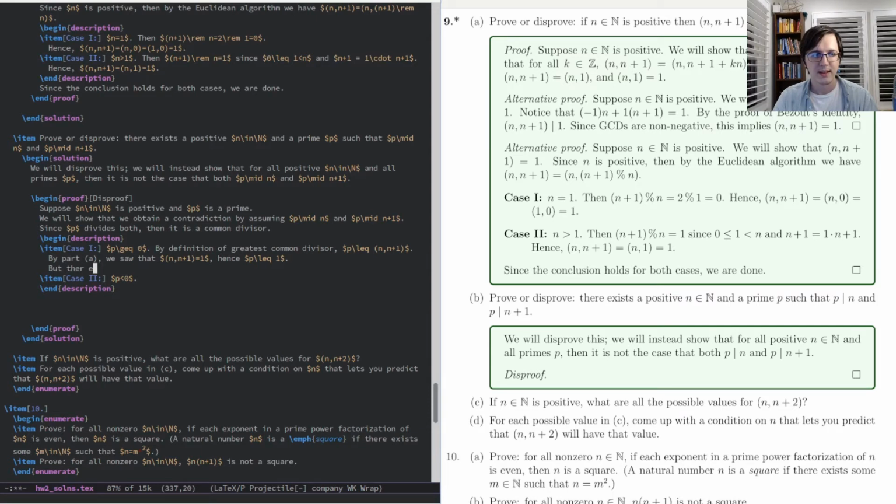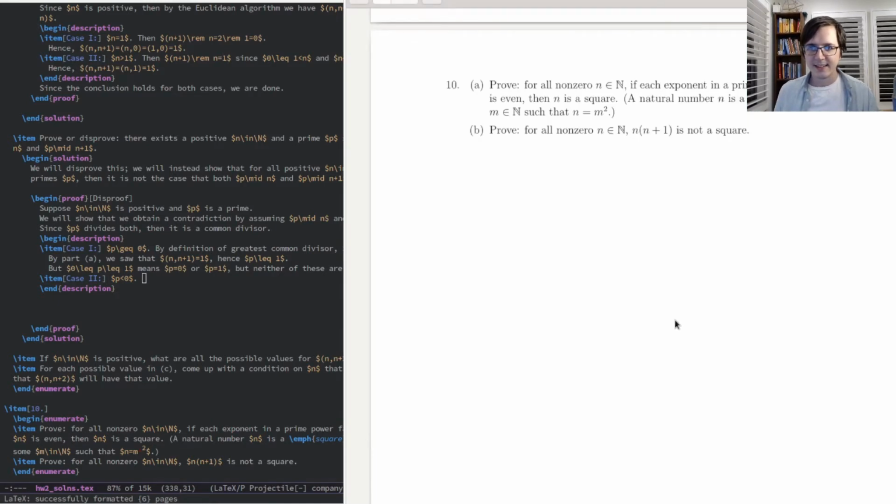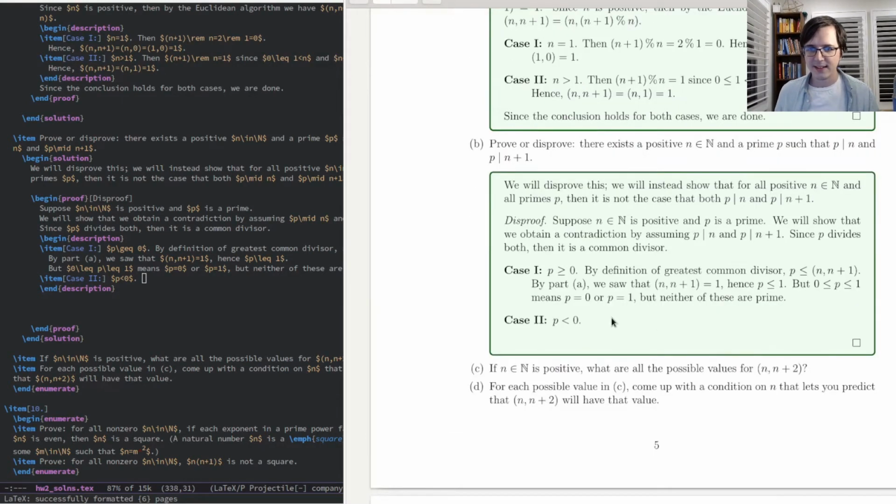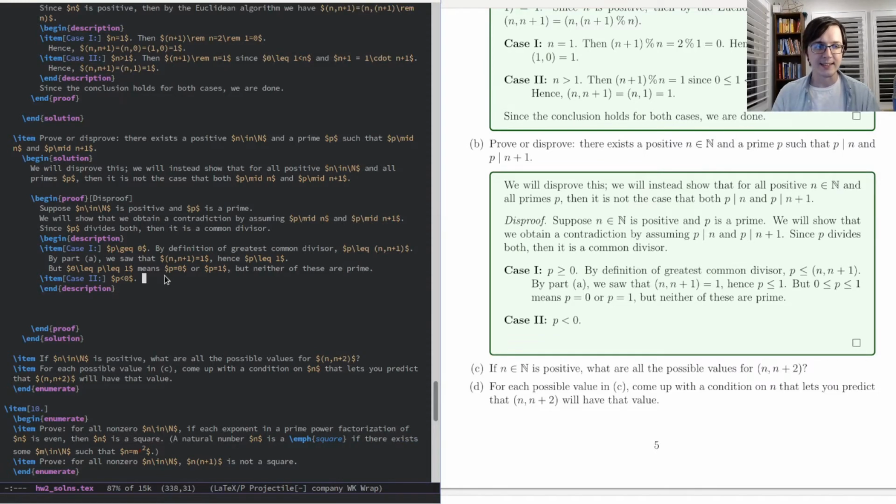But if 0 is less than or equal to p is less than or equal to 1, okay, that means p equals 0 or p equals 1, but neither of these are prime. Okay, so that's the positive case, and that's the one that we'd rather have. Can we transform the negative case?